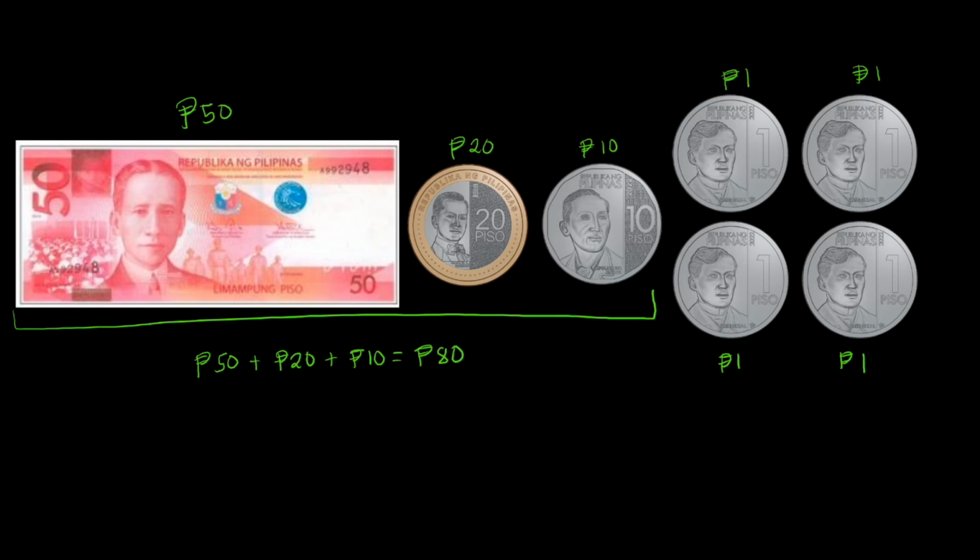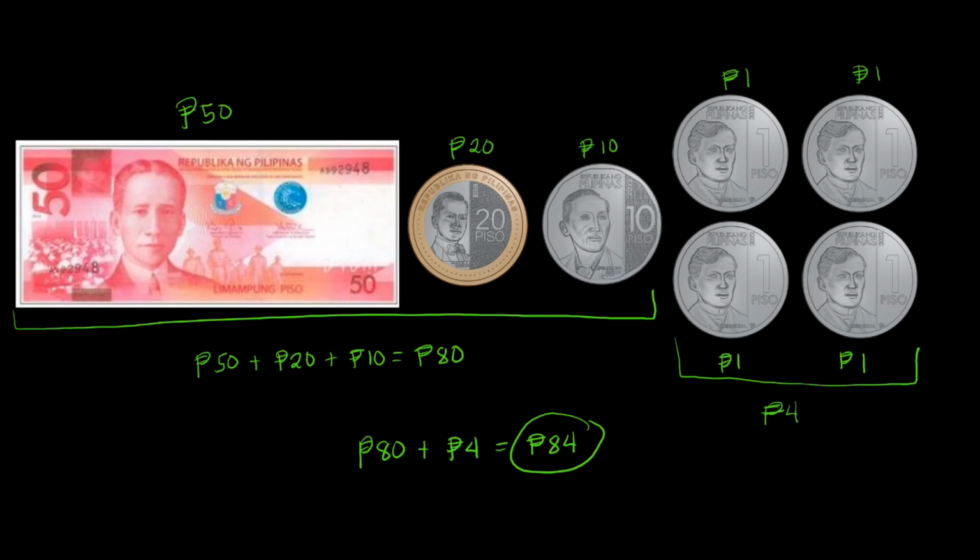Now, we have four 1 peso coins, so this has a total of 4 pesos. So we will just add the total value of the bills in tens and this 4 pesos. So that would be 80 pesos plus 4 pesos, which has a total of 84 pesos.